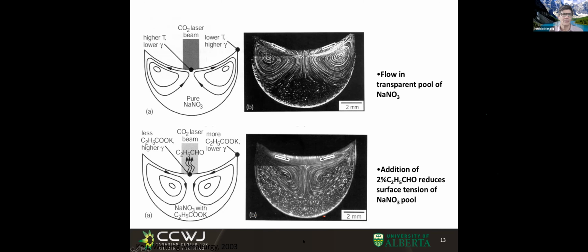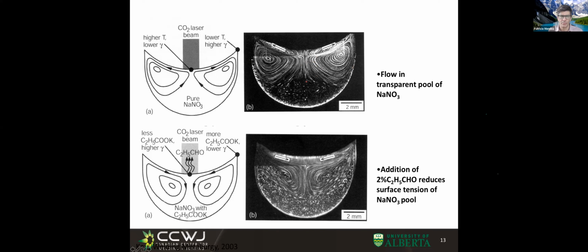But what matters in this case is that this material can have a surface active element. So when you don't have the surface active element, what you get to see is that the flows move outward. And this is a glass beaker, right? This is not a real weld penetration.